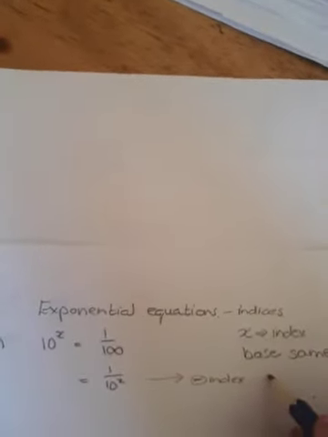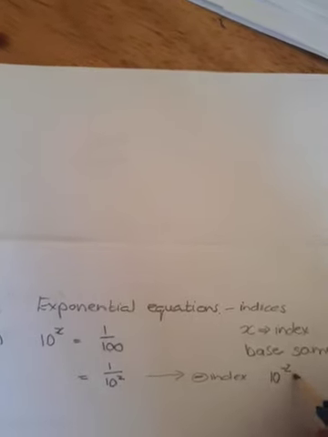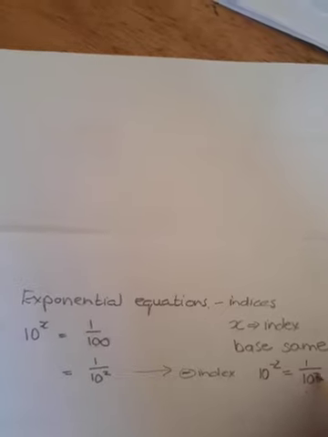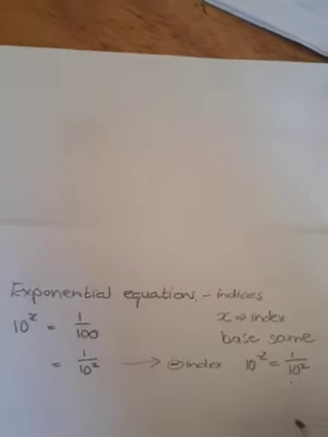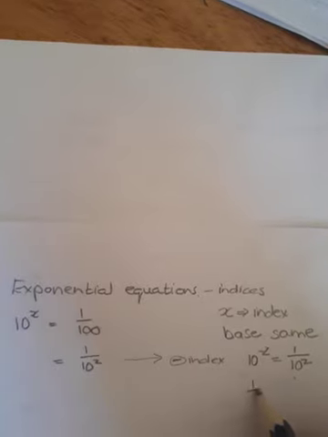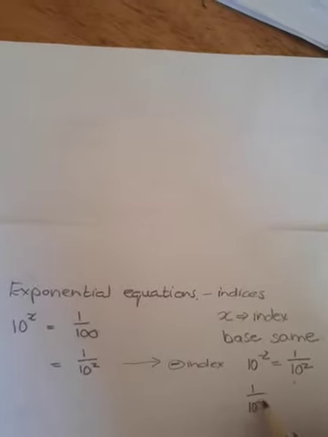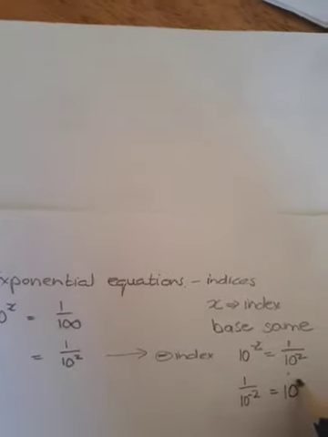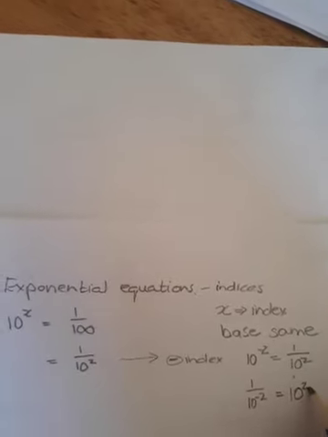Okay, your negative index law says if you have a whole number with a negative index, it becomes a fraction with a positive index. And the other way around, if you have a fraction with a negative index, it becomes a whole number with a positive index.